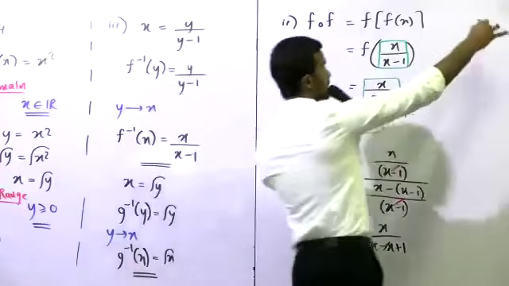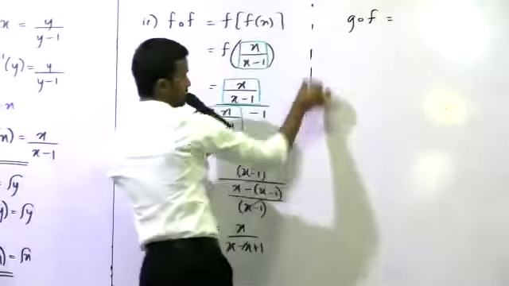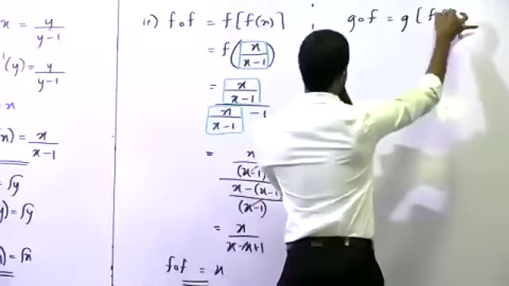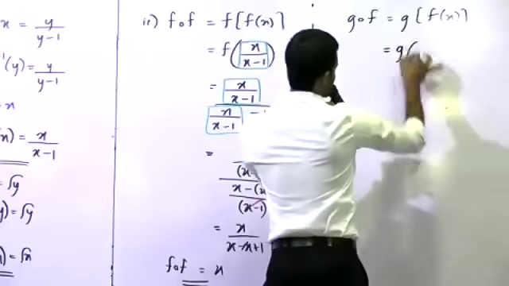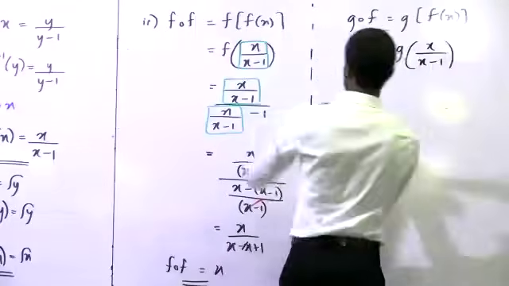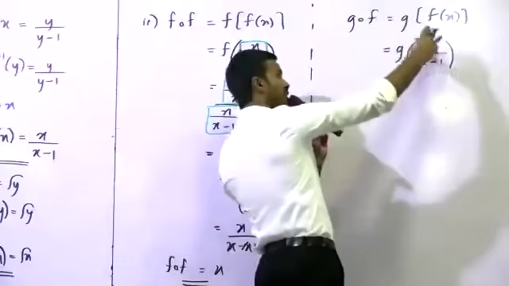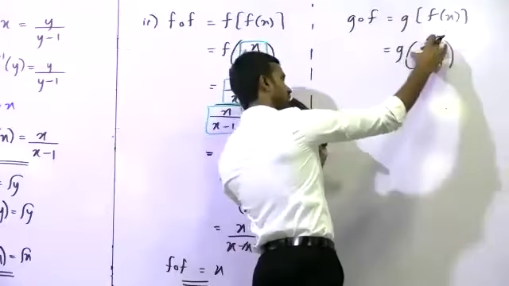Okay, next one is g o f. What is g o f? So what is inside g? It's g(f(x)). What is f(x)? x over x minus 1. So this is easy. What is g(x)? Whatever comes here, it gets squared. Even when a cockroach comes here, even that cockroach gets squared.